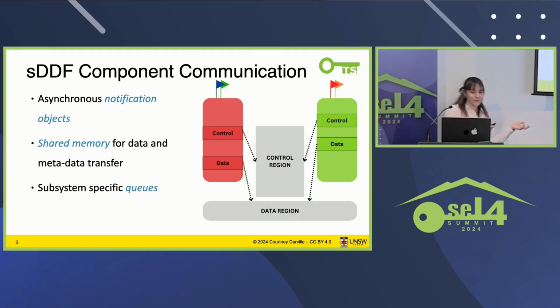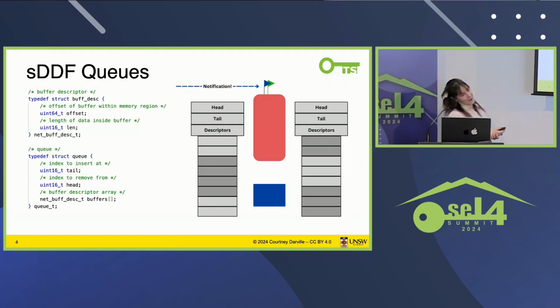Within the control regions, we have what we call sDDF queues. sDDF queues are simple first in, first out queue data structures. A component is typically structured as the producer of one queue and the consumer of another.